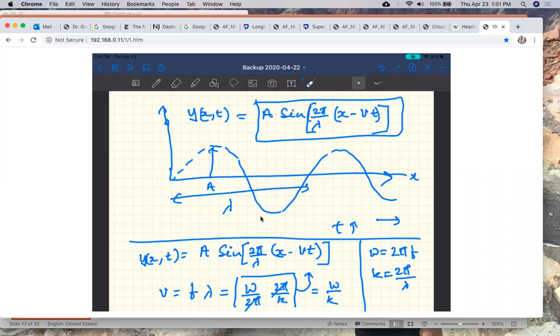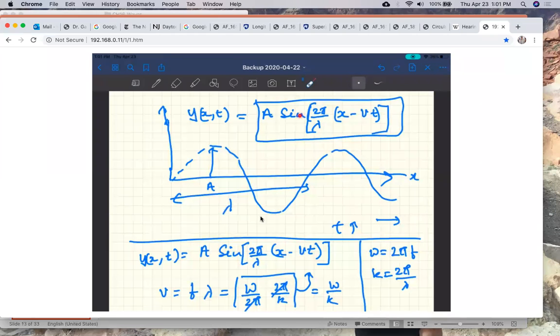So frequency is omega divided by 2 pi. Wave number was 2 pi by lambda, and lambda is 2 pi by k. All right, so velocity of a wave is frequency times wavelength, and it's also equal to omega by k.